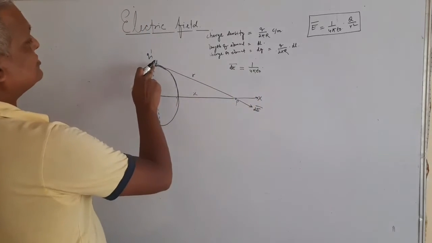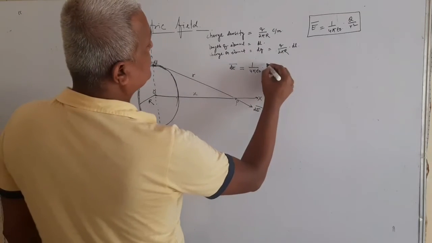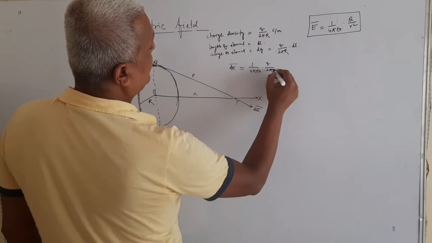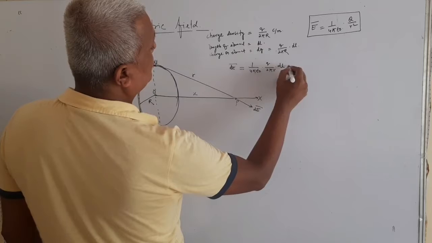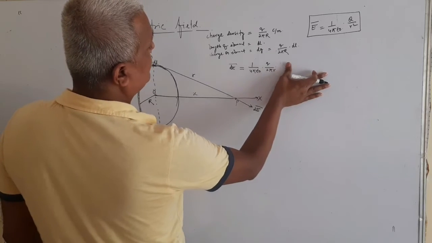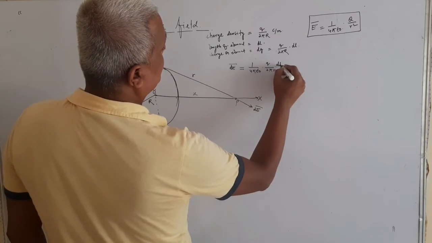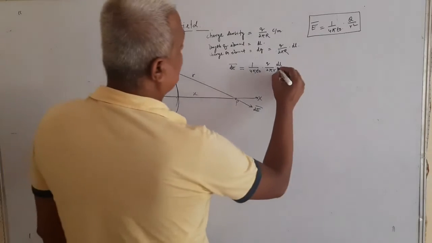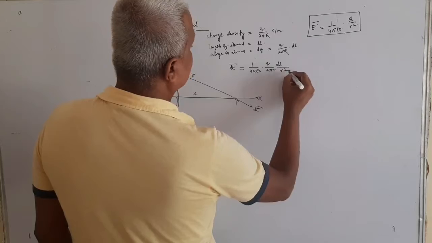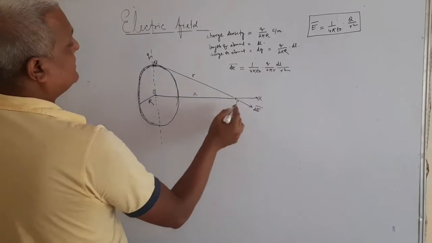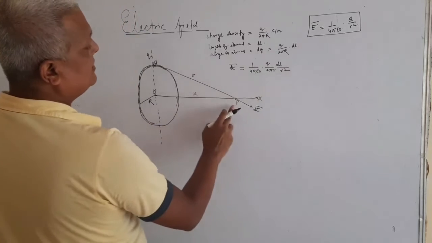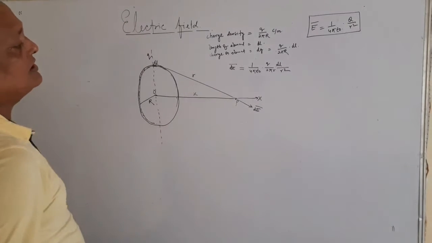and q, what is the charge on this element? This part, so q upon 2 pi r into dl upon r square, that is small r square, and the direction will be along this. So the direction I do not mention here, but it is going along this.